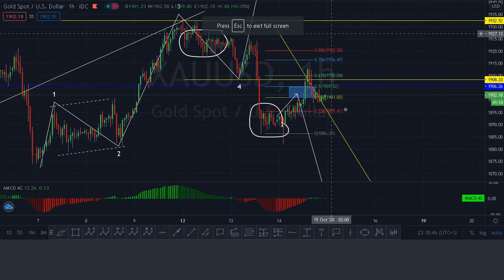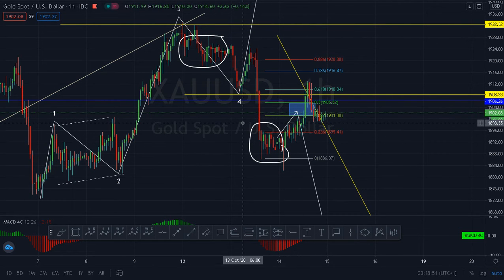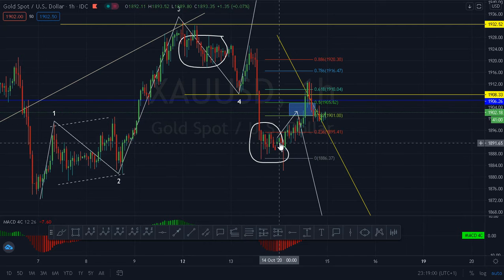Okay. If you remember when I put this circle, I said we keep watching how price will react.